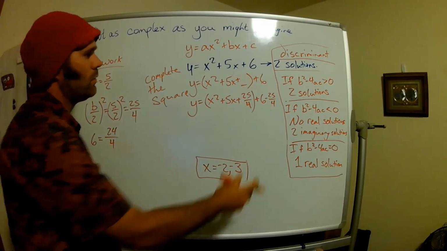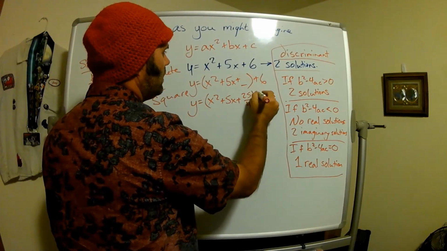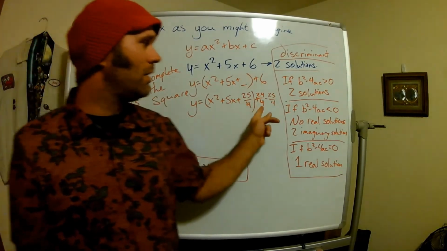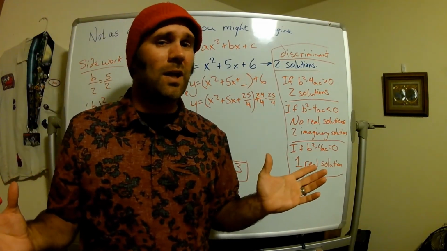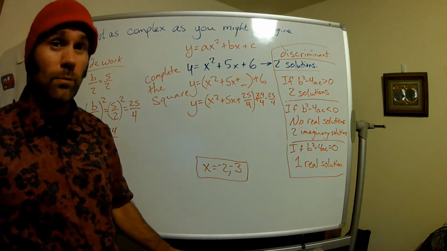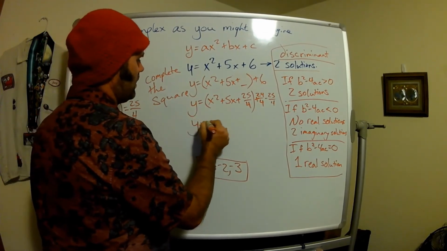So I can rewrite 6 as 24 fourths. I'd give it its whole new line, but I don't have an infinite amount of space here to do this problem, so I can't. Okay?